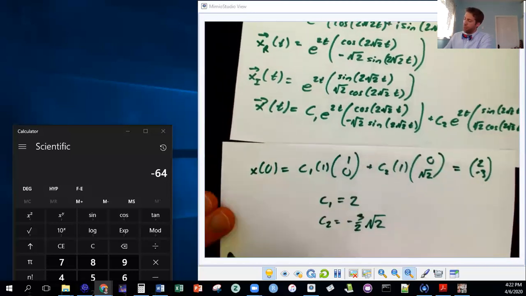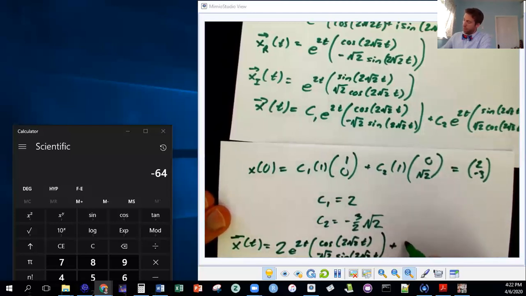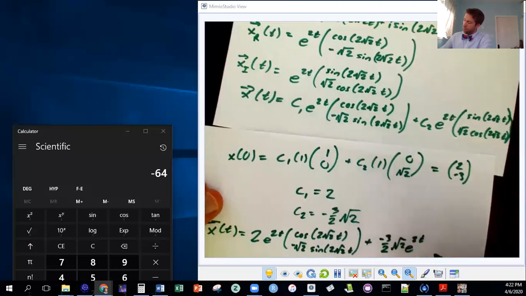All right, so then my final solution is x of t equals 2 e to the 2t times cosine of 2 square root of 2 t, negative square root of 2 sine of 2 square root of 2 t, plus negative 3 halves square root of 2 times e to the 2t times sine of 2 square root of 2 t, square root of 2 times cosine of 2 square root of 2 t.